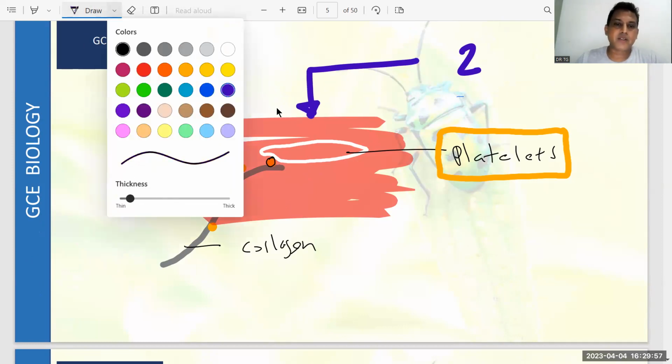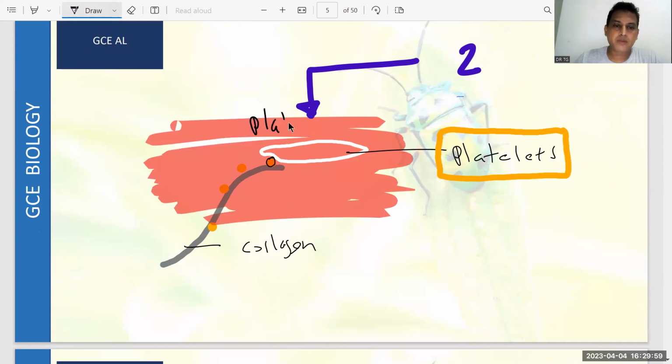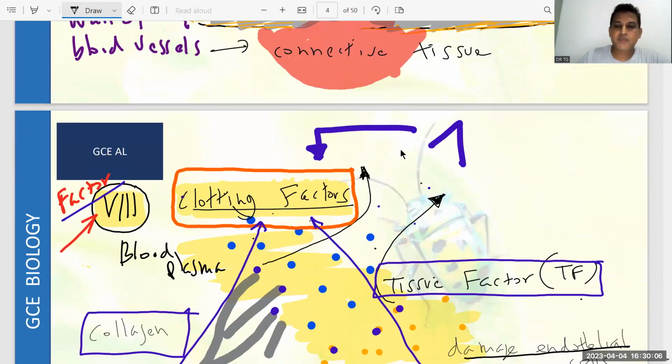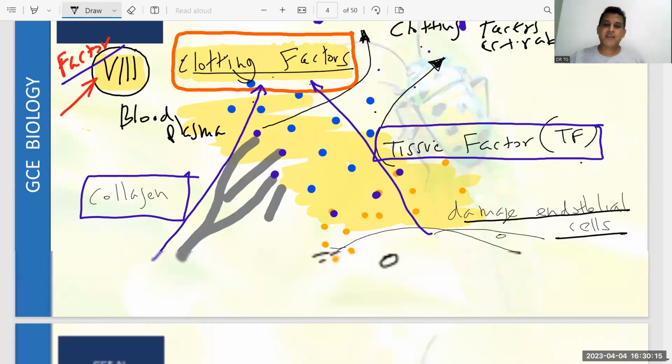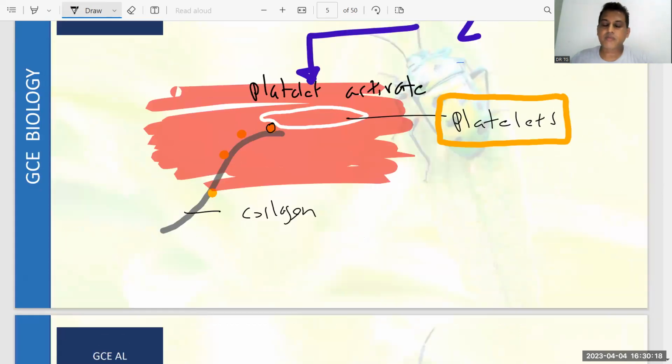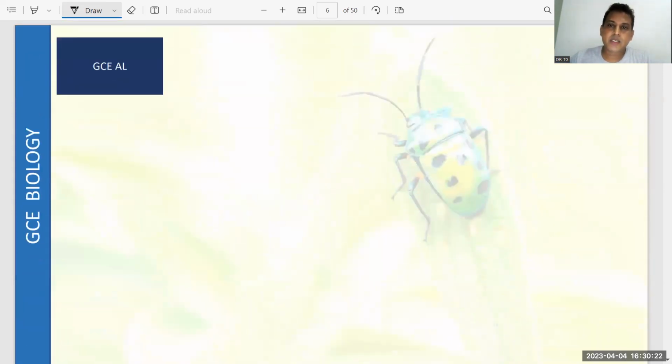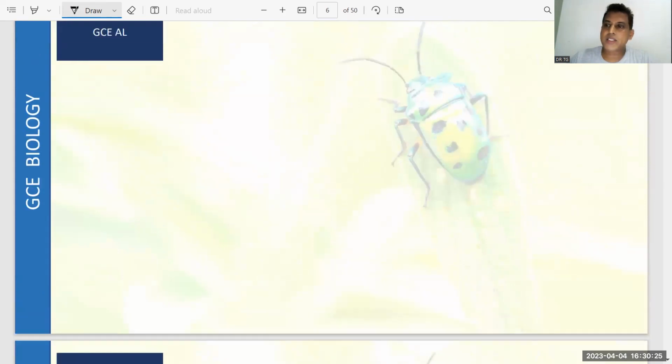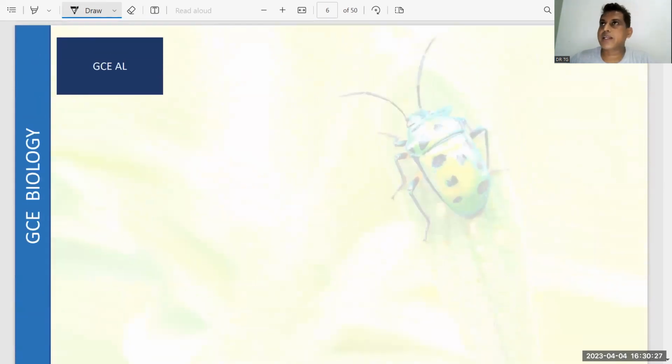So shall we write it? Platelets activate. So clotting factors activate. Platelets activate and clotting factors activate. Now let's see what is the contribution of this activation of platelets and clotting factors.